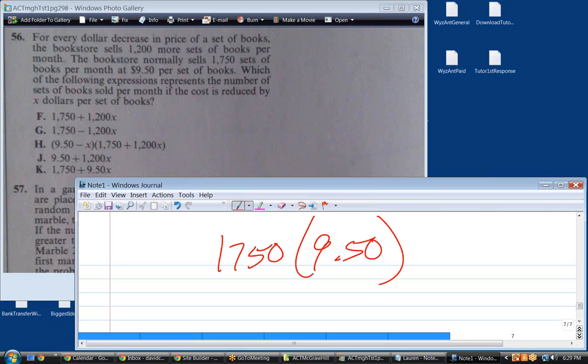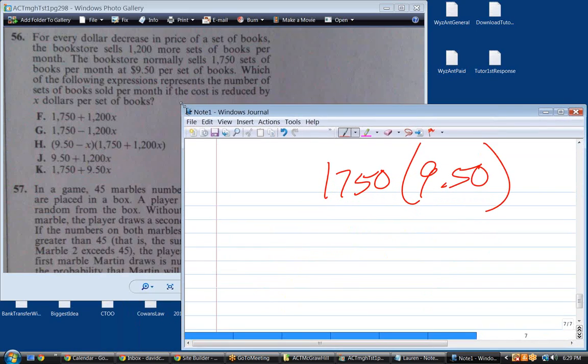Well, they're saying that he'll sell 1,200 more books for every dollar decrease in price. In other words, if he decreased it to $8.50 instead of $9.50, he'd sell 1,200 more.